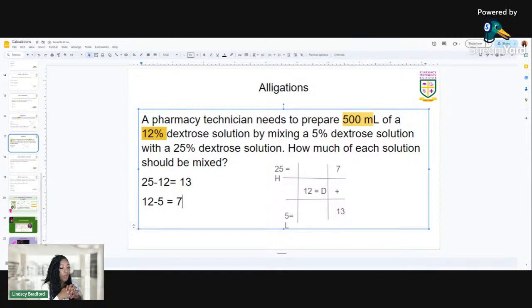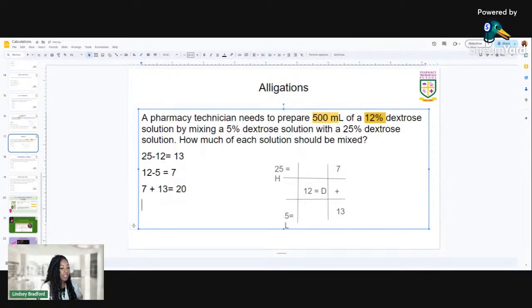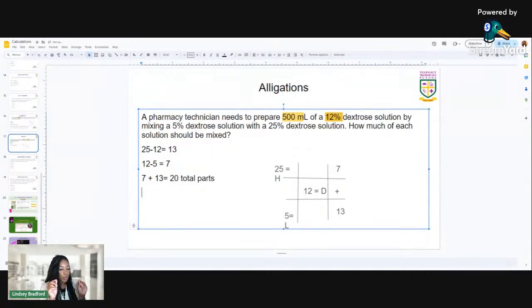Now, the next thing we're going to do is add the sum of the right-hand column, which is 7 plus 13, and that gives us 20. Okay. 20 total parts. Now, the next thing to do is 7 over 20 times the 500. And that gives us 175.